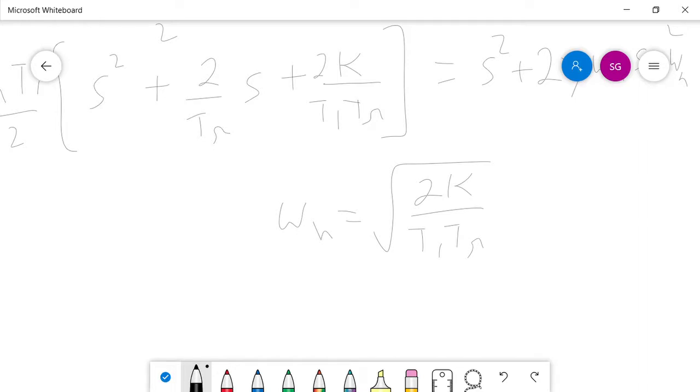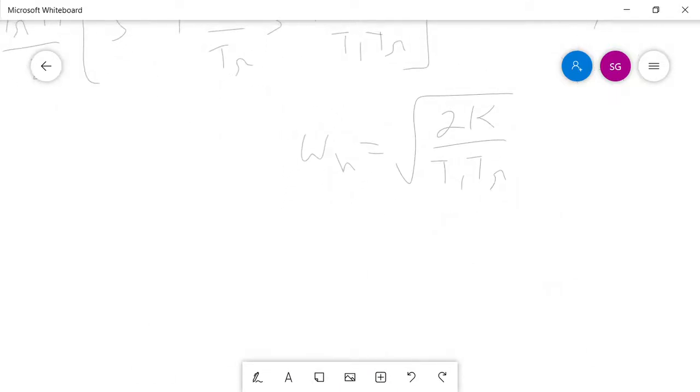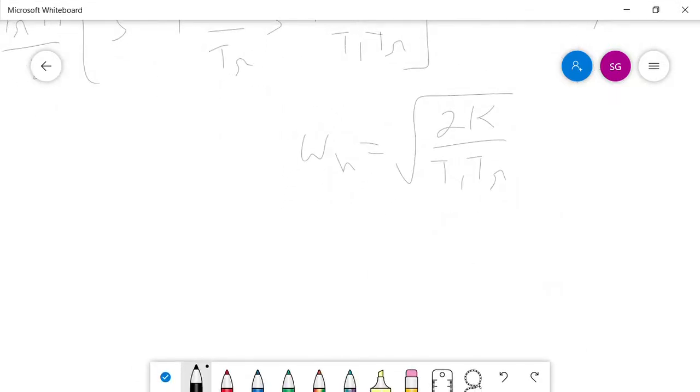Okay, and our role is to calculate our zeta. We know for a good response system our zeta is equal to 0.707, that is 1 by root 2. So 2 zeta omega n is coming out to be 2 by Tr.